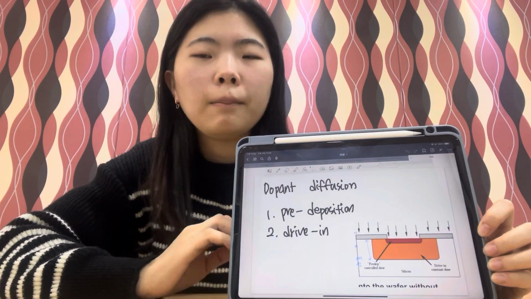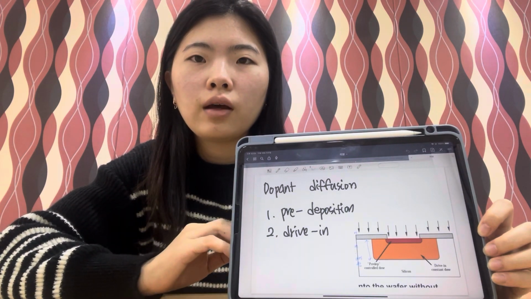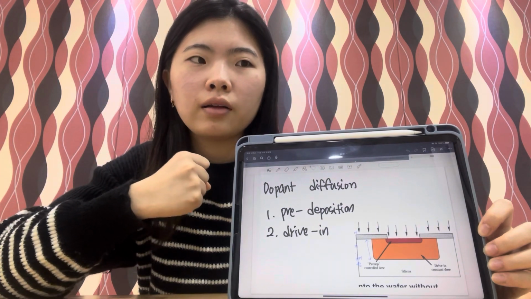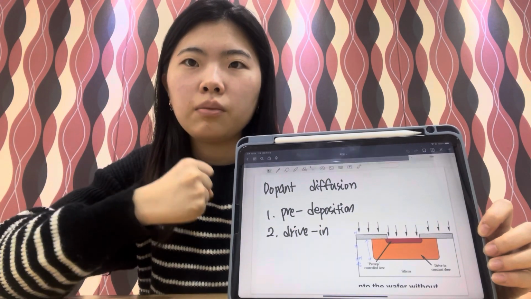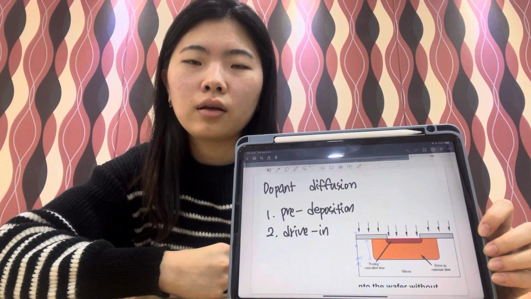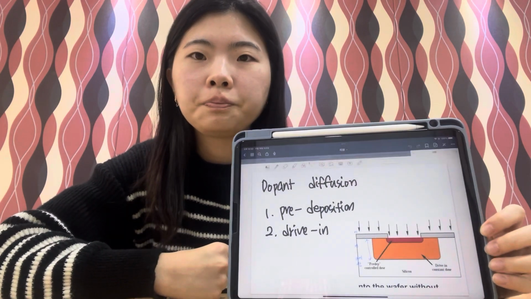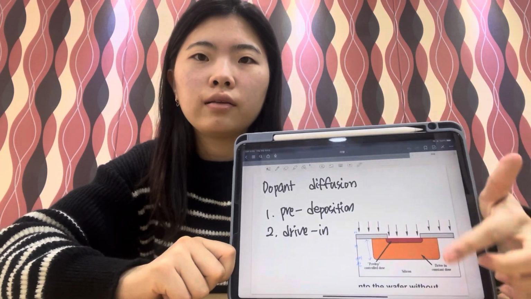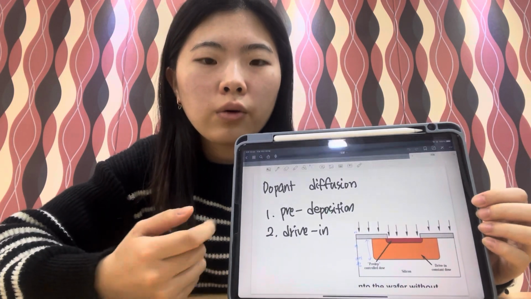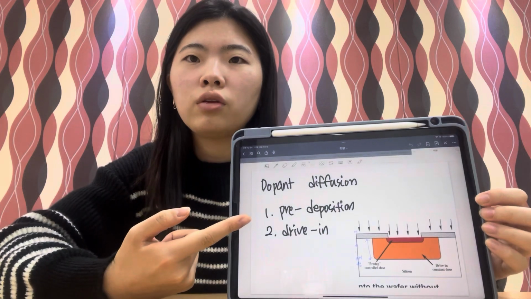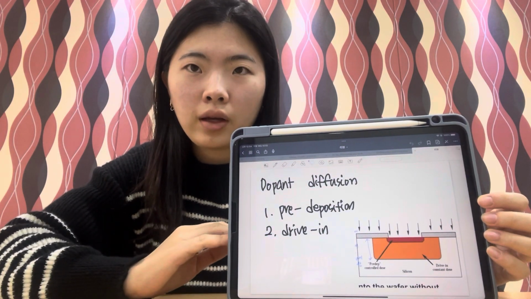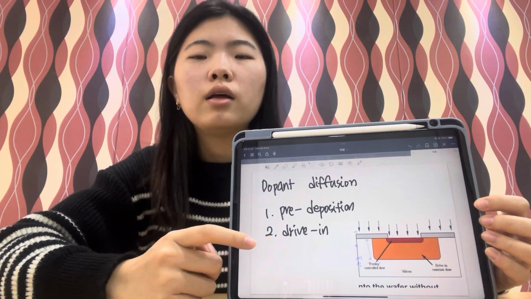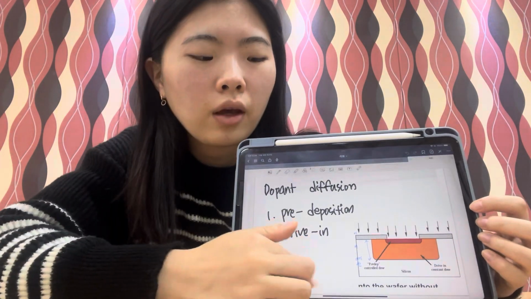So the silicon gets some outside material, and it means doping has happened. So dopant diffusion works this way: first we pre-deposit some material on the substrate, and then we put some heat to drive in. This is the diffusion mechanism.